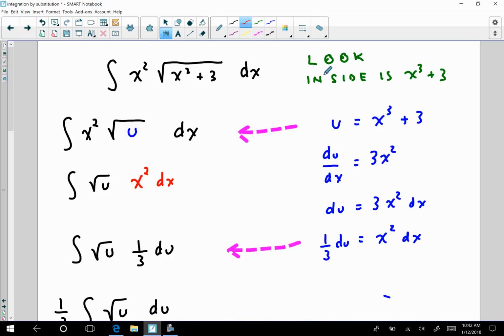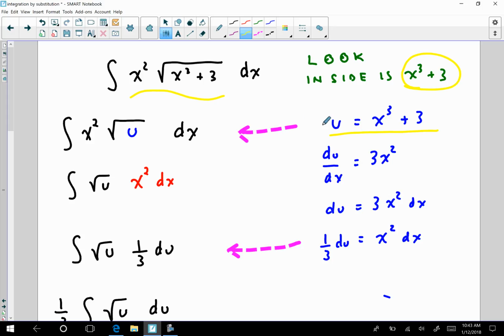Here I want to anti-differentiate x squared square root of x cubed plus 3 with respect to x. And I can immediately see the inside is x cubed plus 3. So that's what I'm going to let u equal, x cubed plus 3.